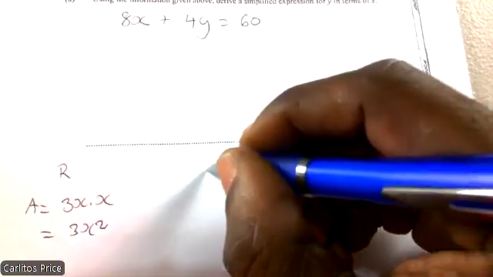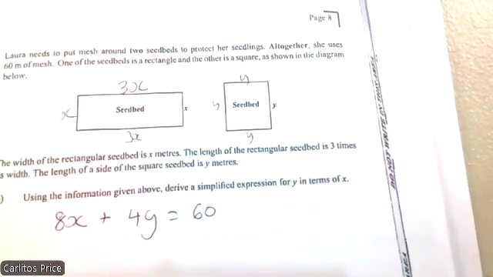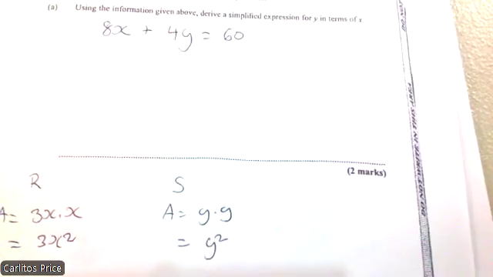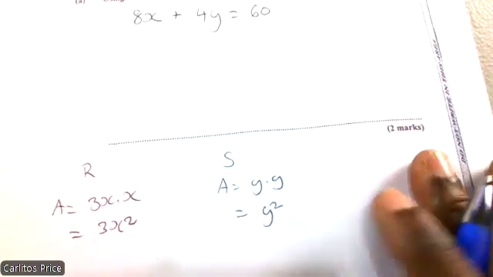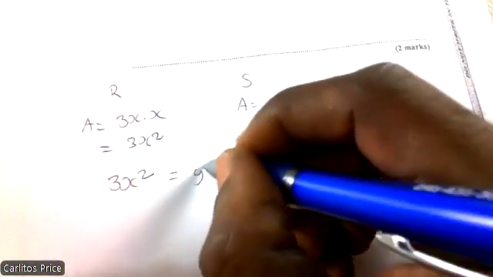For our square, y times y is our area, so y squared. Now it says that the areas are equal. Therefore, 3x squared and y squared are equal to each other. So we could create an equation of that: 3x squared is equal to y squared.